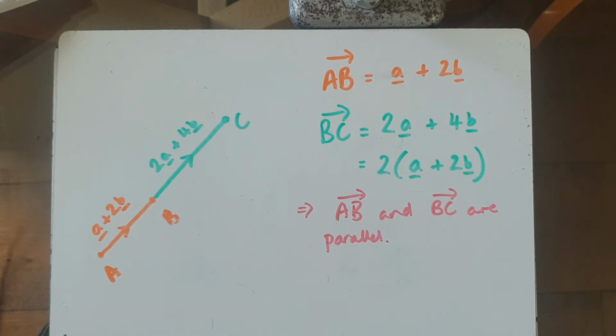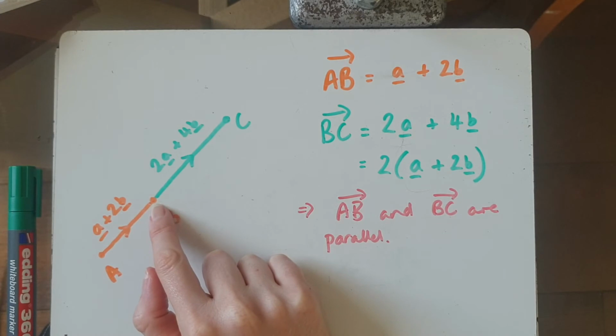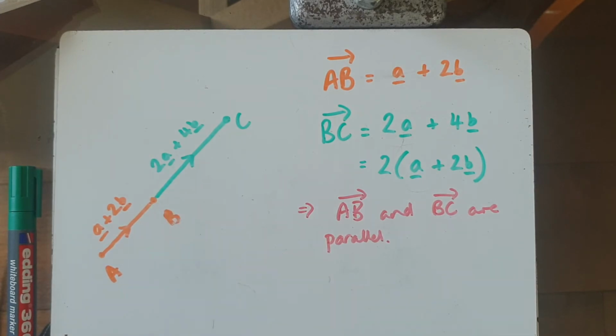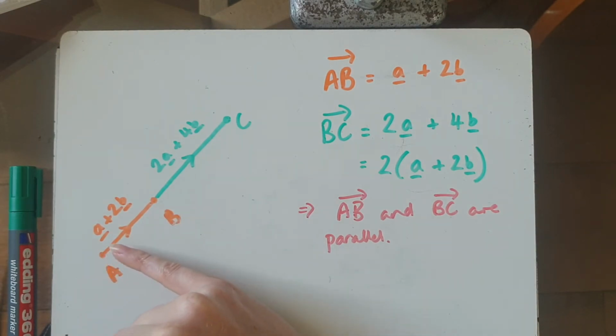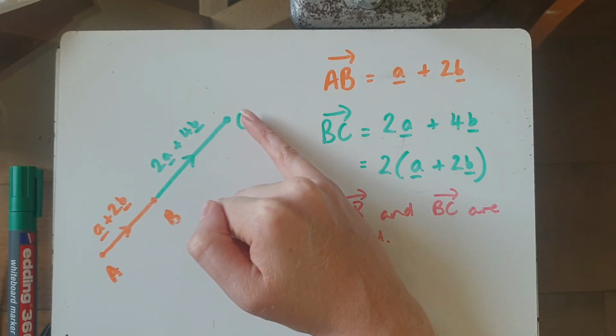However, AB and BC also share a point. They share point B. If two lines are parallel and they share a point, they must be travelling in completely the same direction.